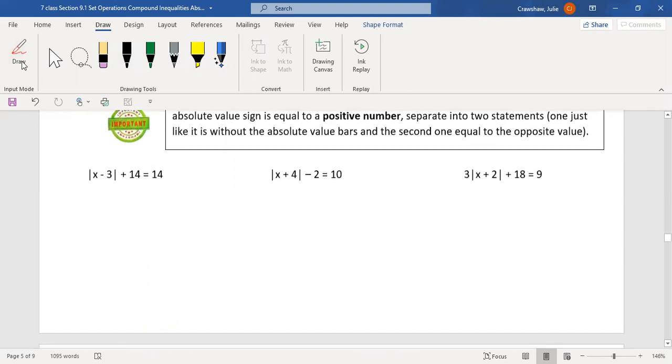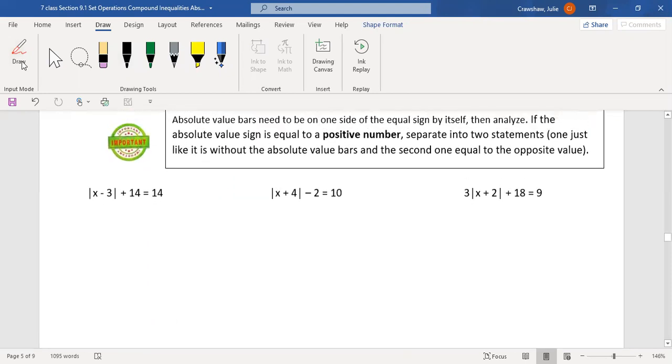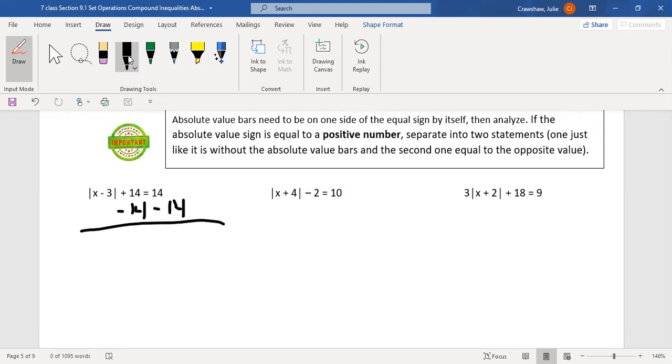Here are some examples. We have three equations, and we're going to solve these equations by first getting the absolute value bars by themselves. We're just going to subtract the 14 from both sides to get it to the other side of the equal sign. That will allow us to get the absolute value bars by themselves.